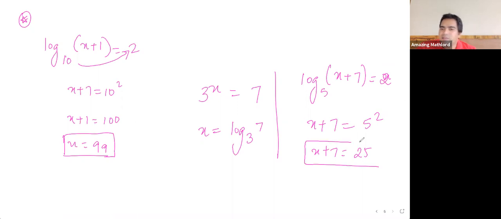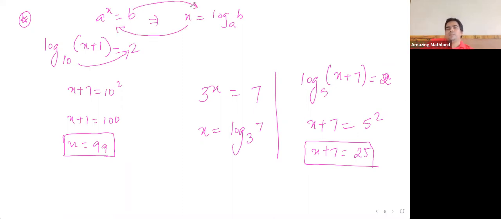So this is how you do the conversion of exponent to log and log to exponent. As a summary, what you have to remember is, if you have a to the power x is b, this can be written as x equals log of b to the base a. And if you have this, you can write it like this, which is the backwards form. So this is how you convert exponents to logs and logs to exponents. And I hope this is clear.